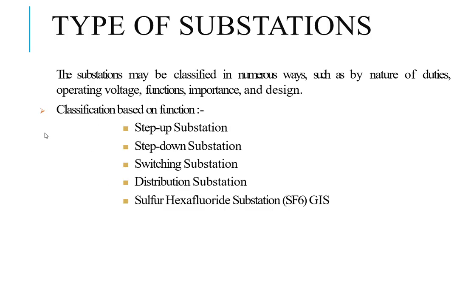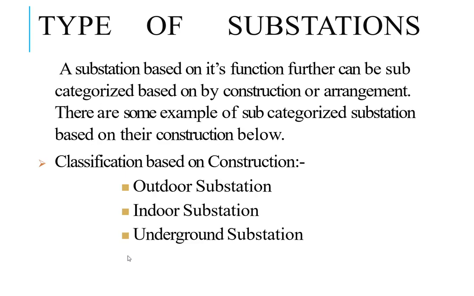Types of substation, we have different types of substation which include step-up substation, step-down substation, switching substation, distribution substation, and sulfur hexafluoride substation. Yeah, the classification can be based on different characteristics.